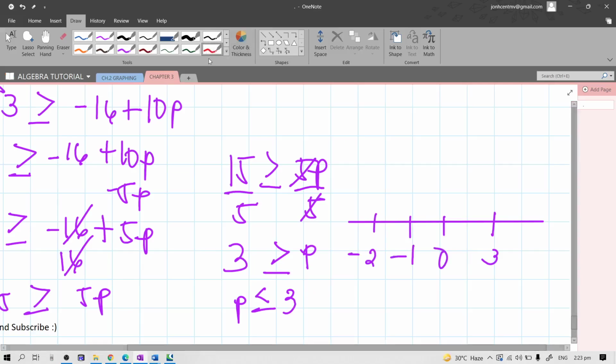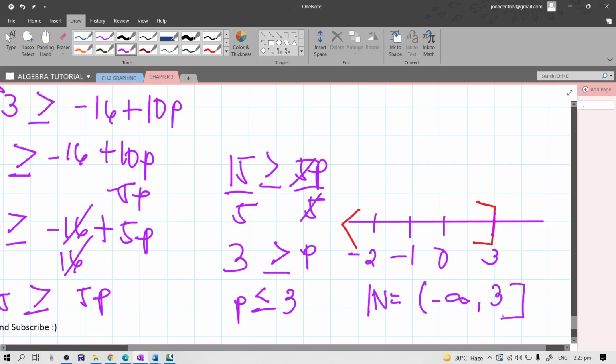So, number is greater than or equal to 3. So, ayan siya. And this. So, our interval notation here is negative infinity, 3. So, notice that if you read this inequality, is the same lang dito. So, sinulat lang natin siya in standard form. Okay?